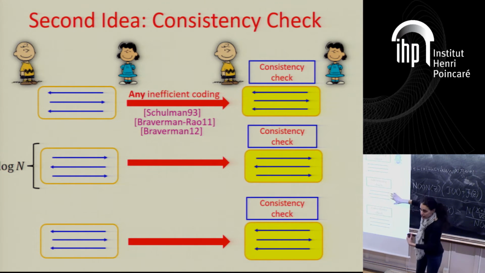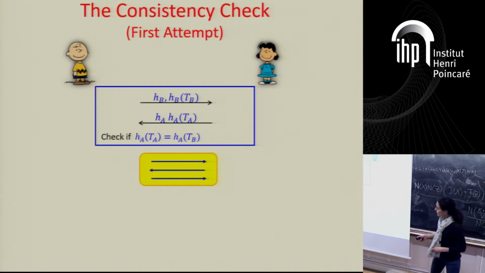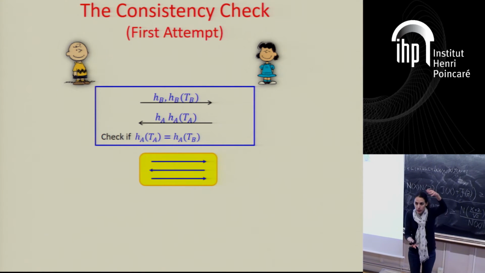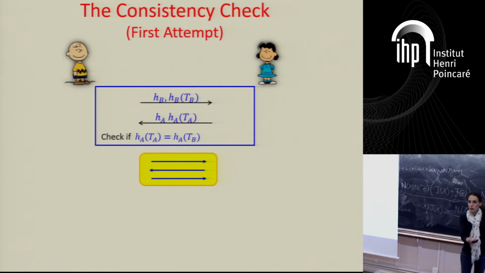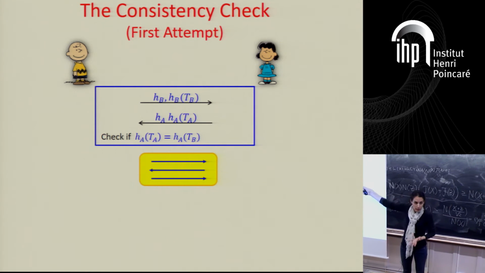So they run this, they decode, and so on, they continue. I denote by TA and TB the decoded transcripts corresponding to Alice and Bob. So each person has the decoding of which transcript he believes he has read so far. And now they want to make sure that they agree.